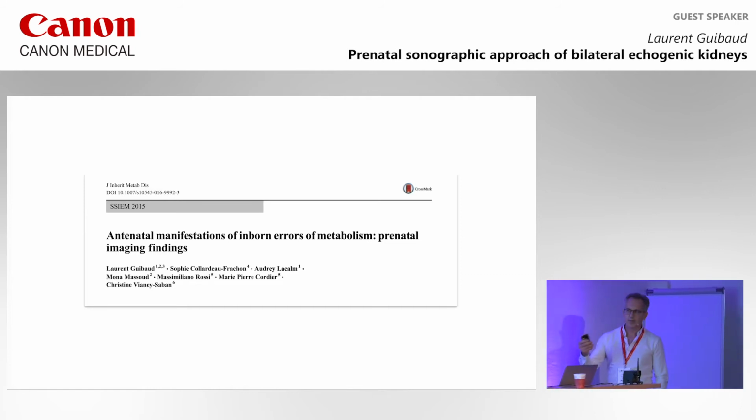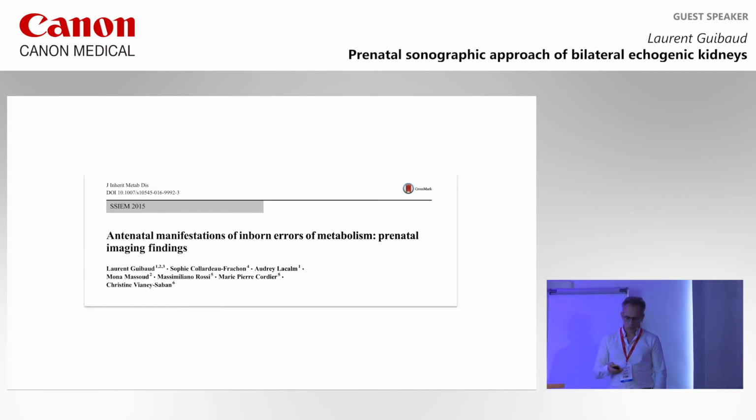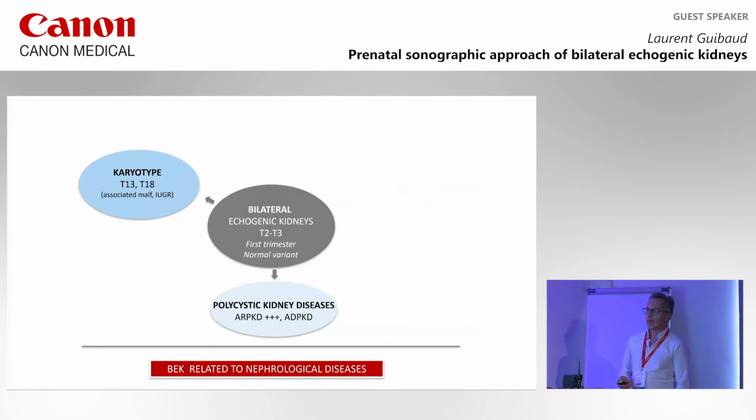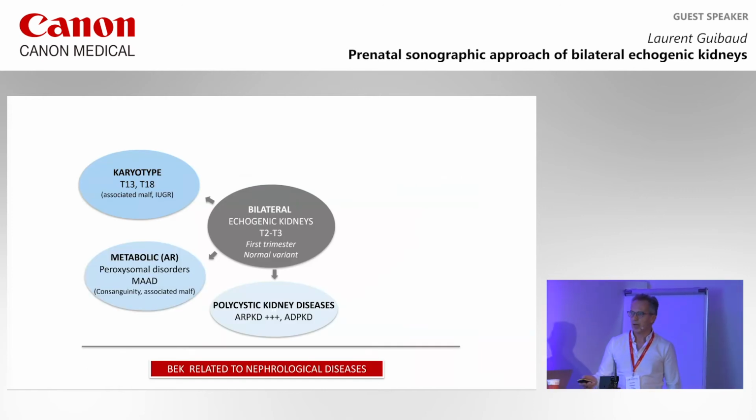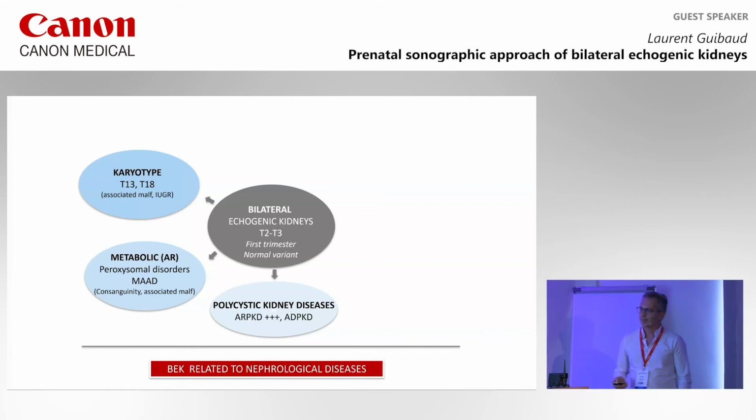There are plenty of diseases like that, and in fact, we have divided this chapter into echogenic kidney, some echogenic colon, and on the echogenic kidney, you will find the peroxisomal disorders, and there is also the multi-enzyme dehydrogenase deficiency, some very rare disease.